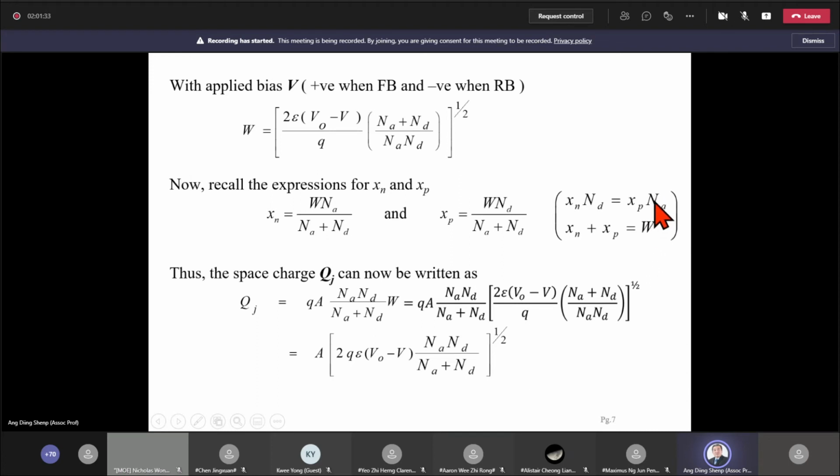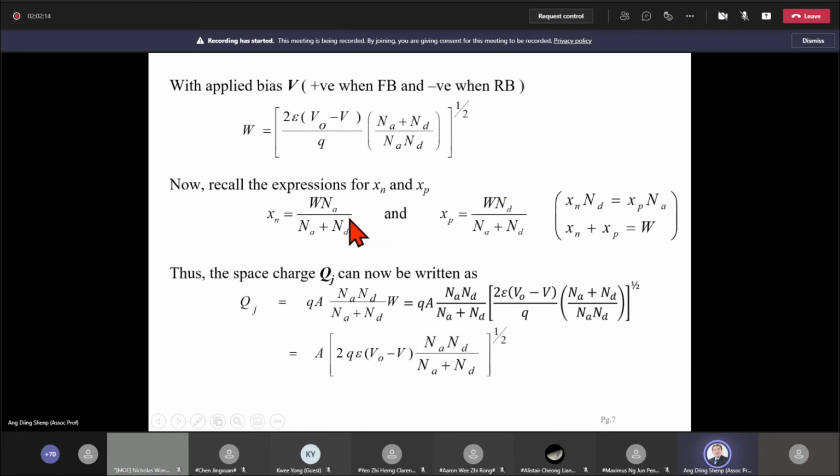By solving these two simultaneous equations, you can obtain Xn and Xp in terms of W. And W, the depletion width, can in turn be related to the voltage applied across the PN junction, the rest of the doping terms and the built-in voltage according to this expression. Epsilon is the permittivity of the semiconductor. Now, with that, we can use either Xn or Xp. In this example here, I think I have chosen to use Xn.